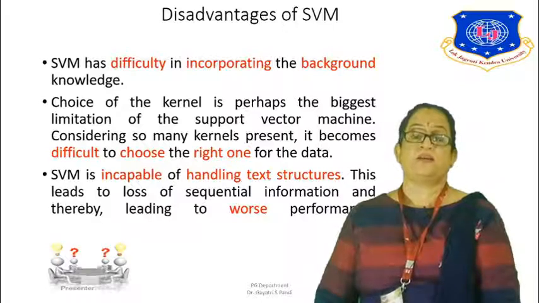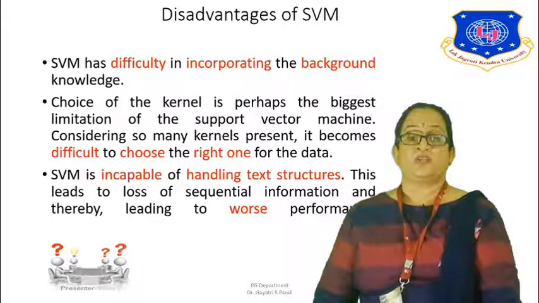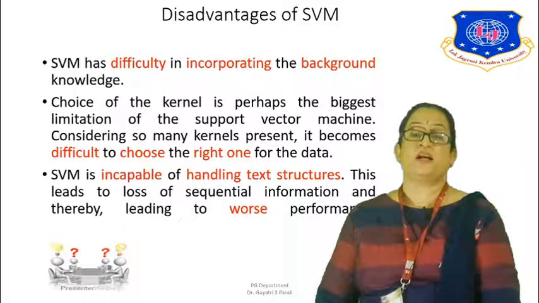So at times there is certain background knowledge which needs to be incorporated, and it is difficult for SVM to manage that. And there are various kernels I told you. The choice of kernel is one of the biggest limitations of the support vector machine algorithm. And considering so many kernels that are present, it becomes very difficult to choose the right one for the data. So it depends on which data works well with which particular kernel.